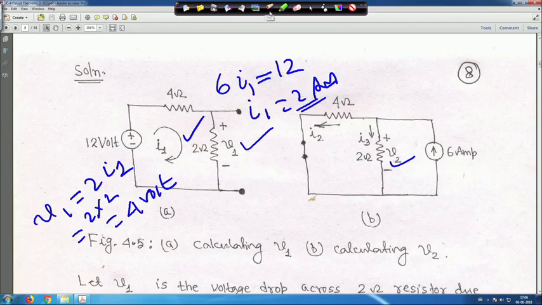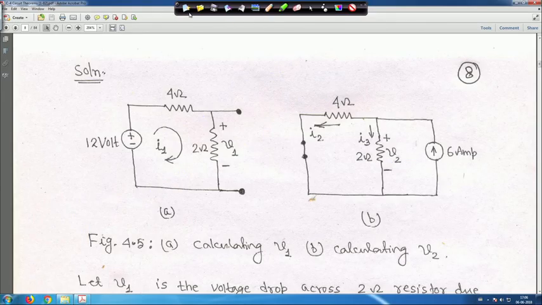Similarly, let us clear it. Similarly, if you solve this circuit, we studied the current division method at the beginning. This is basically a parallel circuit, this 4 ohm and this 2 ohm are in parallel, and 6 ampere current is entering here. Then by the current division method, what will be I 3?